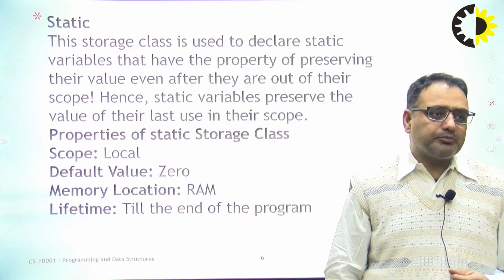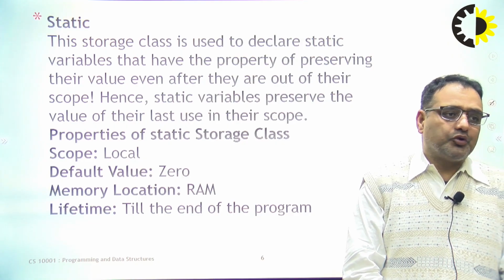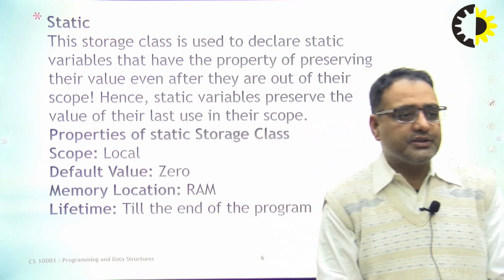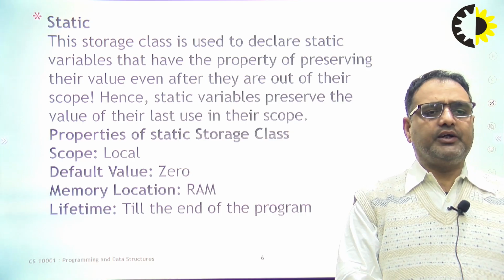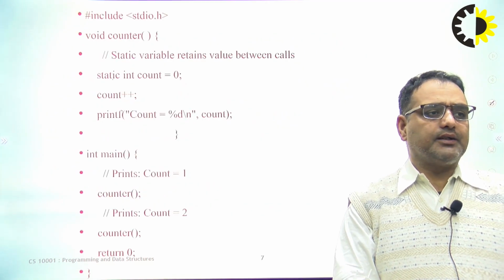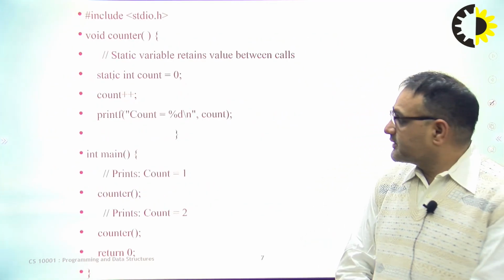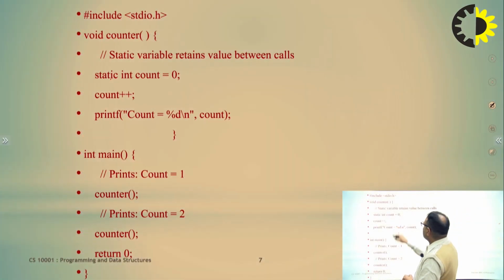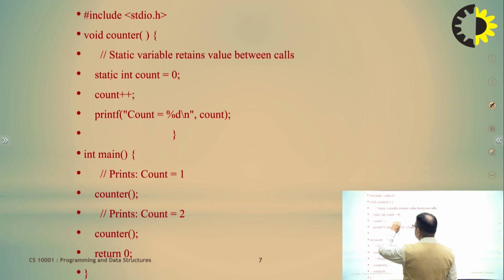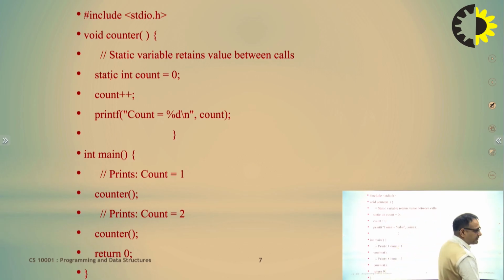So the properties of the static storage class are: scope local, default value 0, memory location RAM. In this program, if we write static int count; and we are not mentioning 0, then by default the compiler will assign the value 0 to the count variable, because all the static variables which are not initialized in the program are automatically assigned 0 by the compiler.